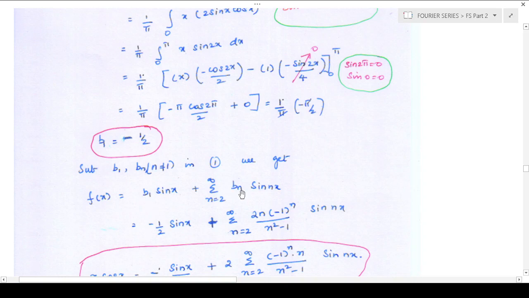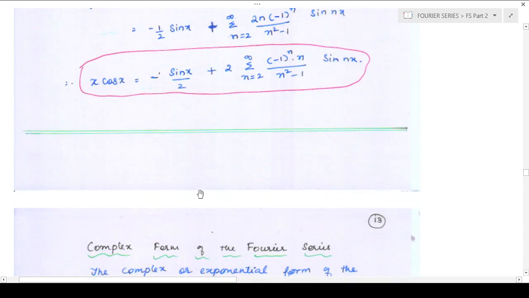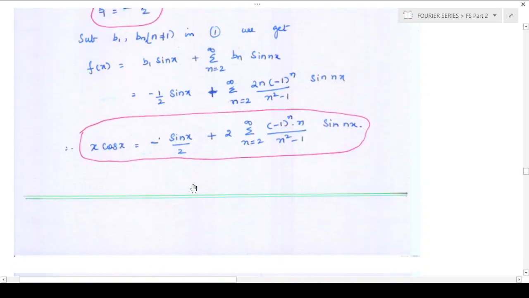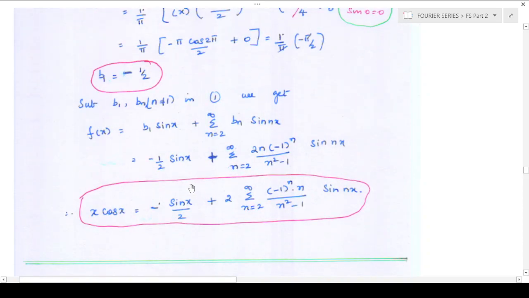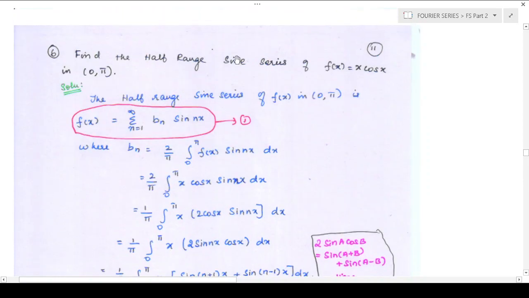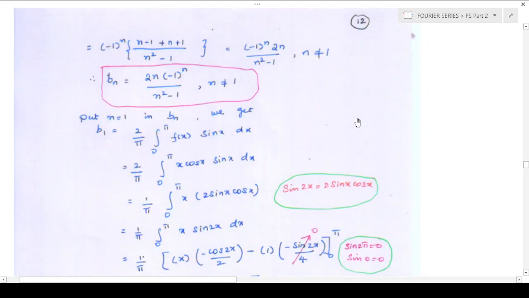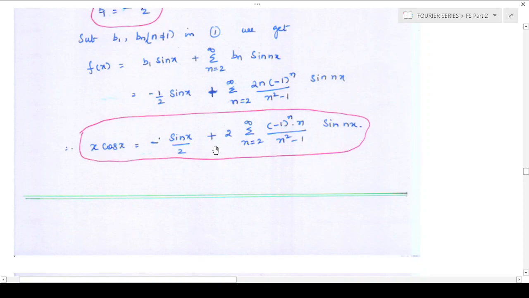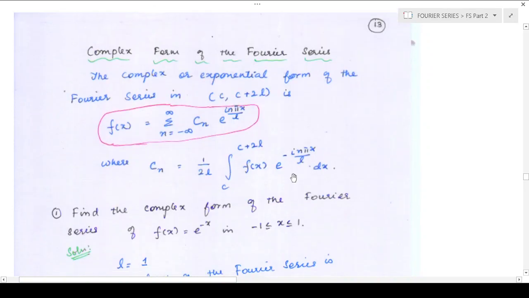Apply b1 here, apply bn here. That is the required half range sine series for x cos x in the interval 0 comma pi.